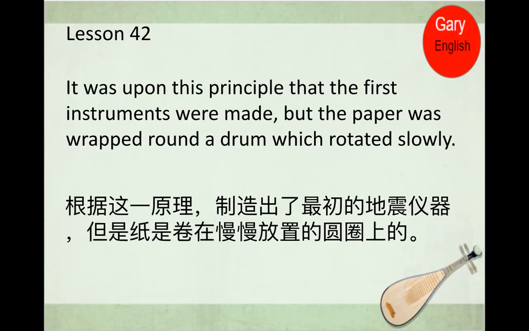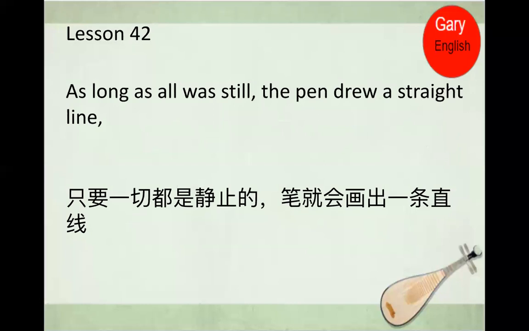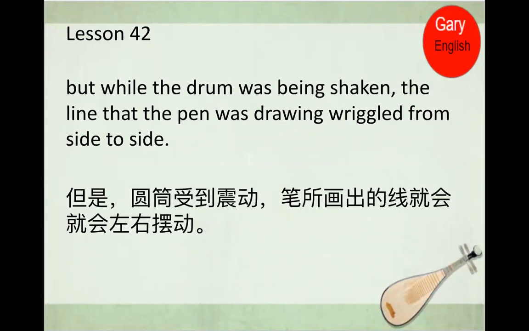It was upon this principle that the first instruments were made, but the paper was wrapped around a drum which rotated slowly. As long as all was still, the pen drew a straight line. But while the drum was being shaken, the line that the pen was drawing wriggled from side to side.